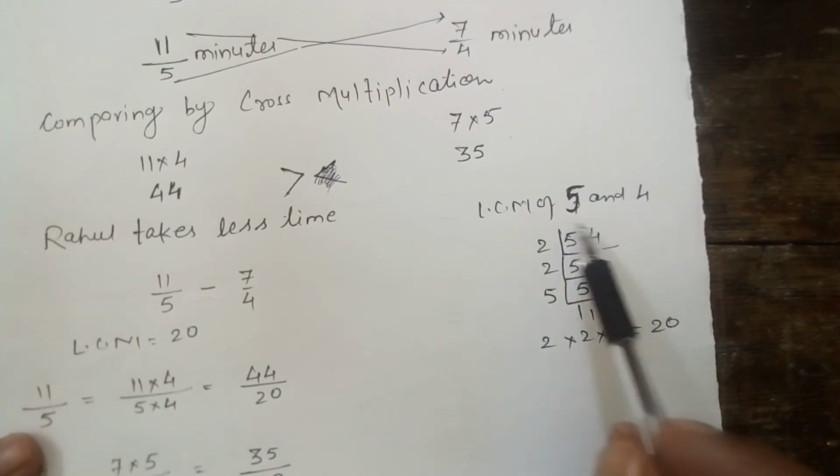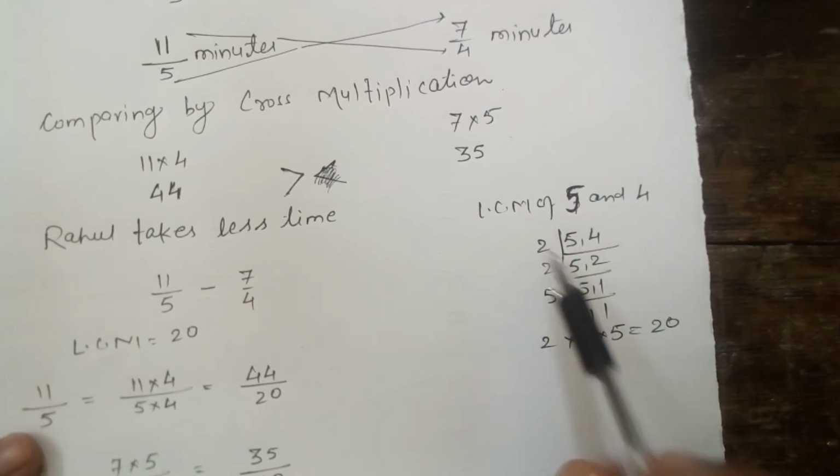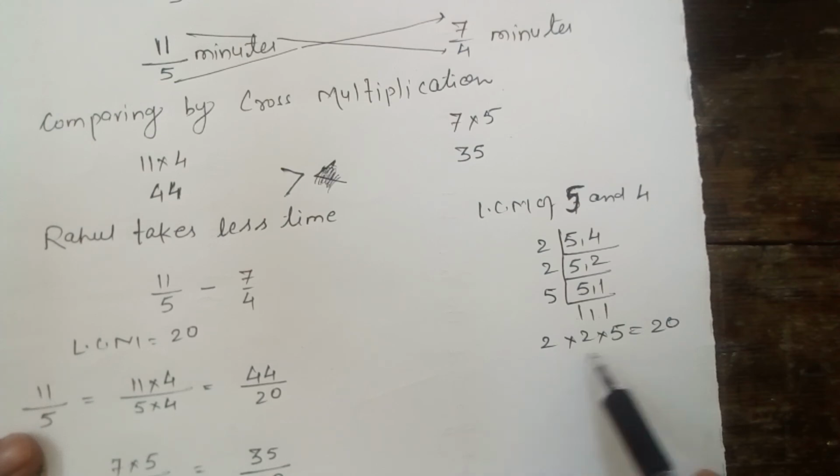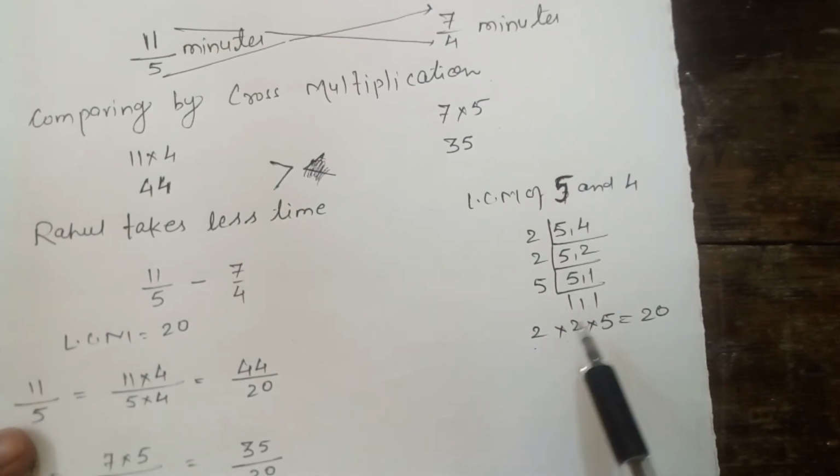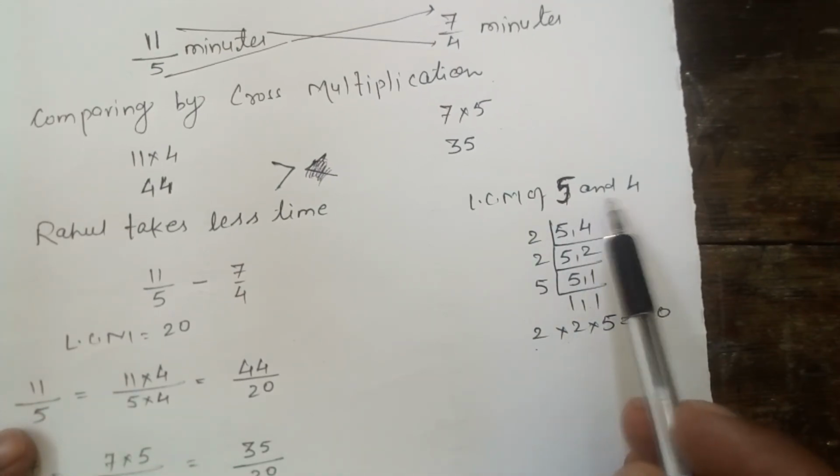After applying the short division method, we take the product of 2 into 2 into 5. It will give you 20. 20 is the LCM of 5 and 4.